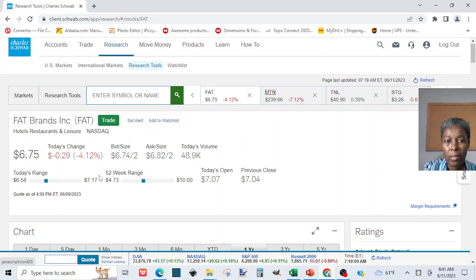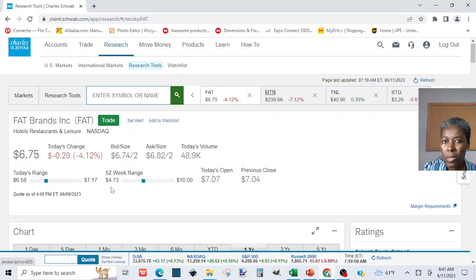So let's go up, and as you can see, even with $100 you can invest in multiple shares of a stock if the stock is a good one that you're interested in. Some of them are higher price, some of them are low price. And in case you don't know, Charles Schwab does not charge you to buy or sell a stock. They used to, but not anymore. But I think there are some stocks that they will charge you for.